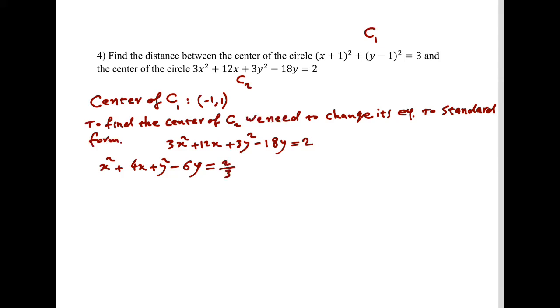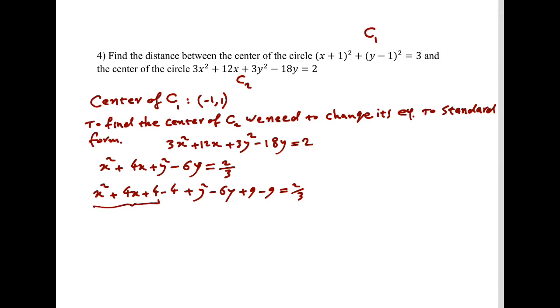Okay, so for the x variable, x squared plus 4x, we need to add 4 and subtract 4. So plus 4 minus 4. And for the variable y, we need to add 9 and subtract 9, equals 2 over 3.